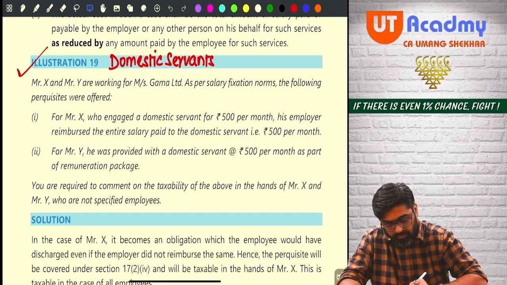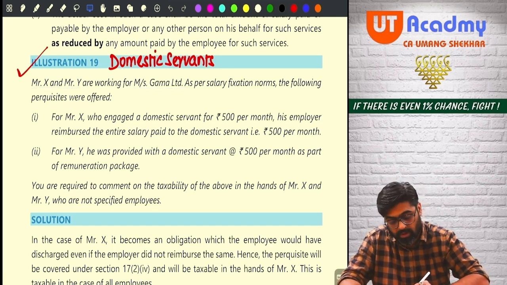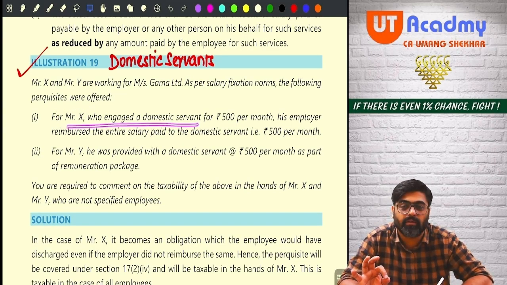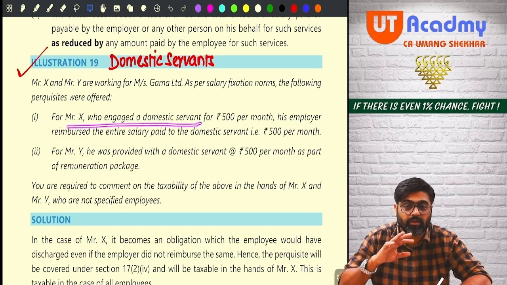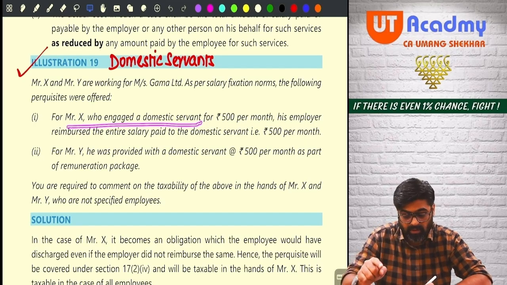There are 2 employees, Mr. X and Mr. Y. They are working for Gamma Limited. As per salary fixation norms, the following perquisites were offered. To Mr. X, who engaged a domestic servant, meaning that the domestic servant is not provided. Now you are engaging your domestic servant.